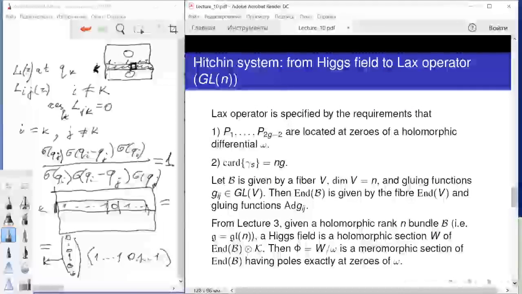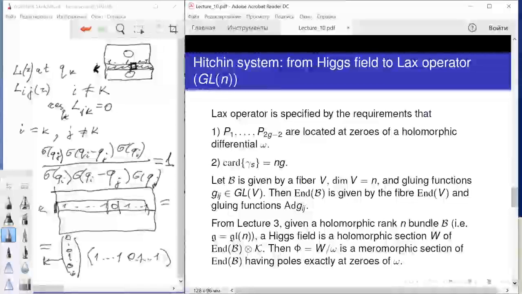I want now to explain how you see how Lax operators for Hitchin systems are related to Higgs fields.